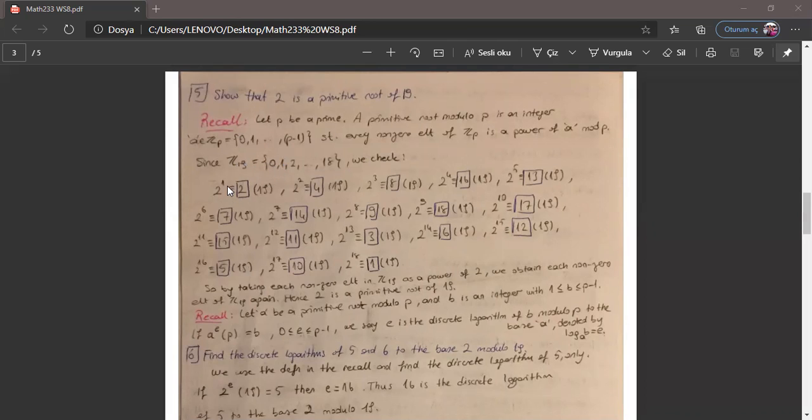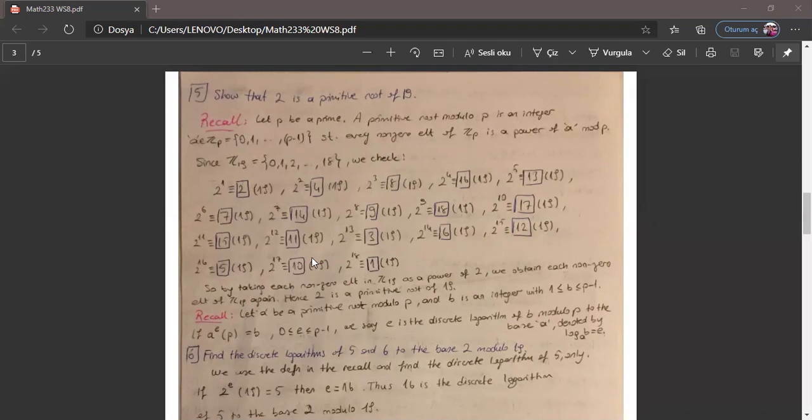So 2 to the 1 is again congruent to 2. And 2 to the 2, again, we have this. For 2 cubed, we have 8, right? You see, we have 2, 4, 8 there, elements of this set. And 2 to the 4, we have 16. And for the next power, as we compute the congruence modulo 19, we have this 13.